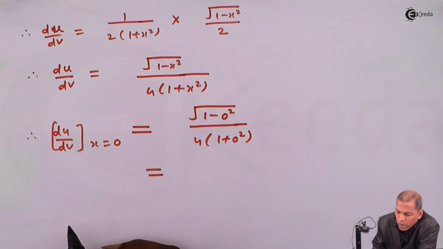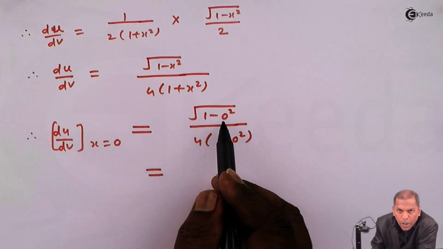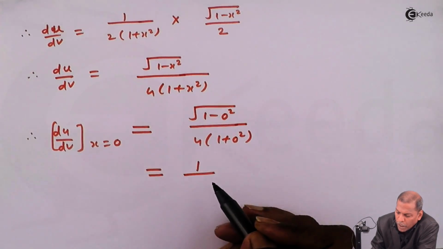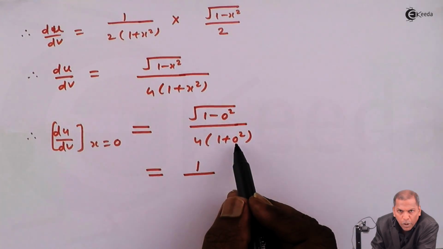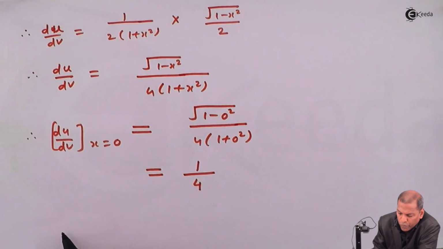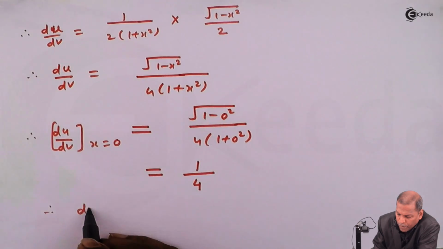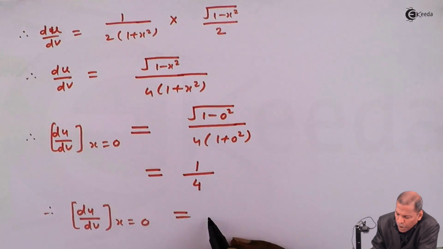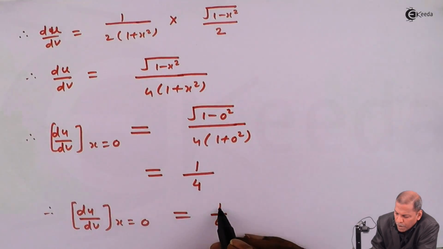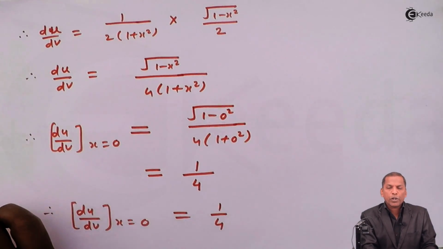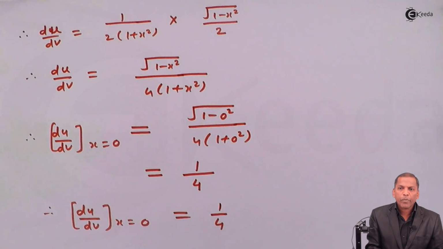On simplifying, square root of 1 minus 0 square, that is square root of 1 means 1, and in the denominator 1 plus 0 square we get 1, and that multiplied by 4, so we get 4. So in this way du upon dv at x equal to 0 gives us the answer 1 upon 4. So this is the required solution for the given problem. Thank you.